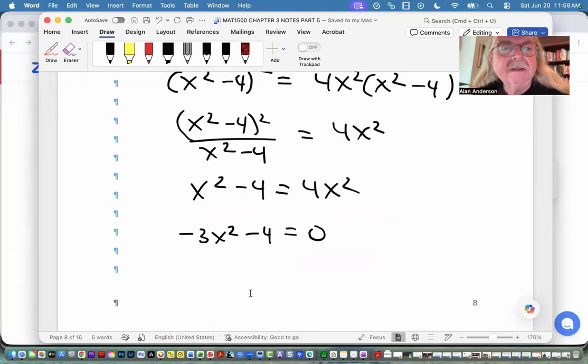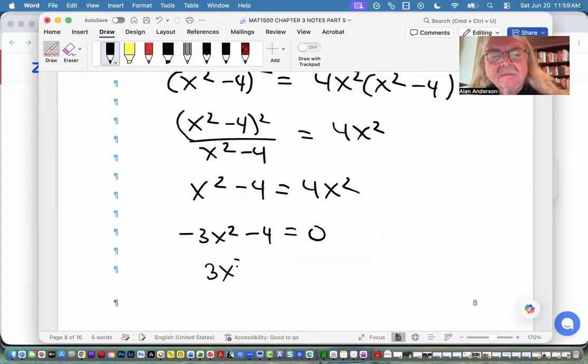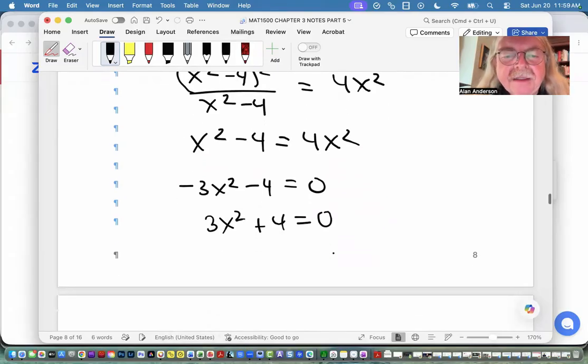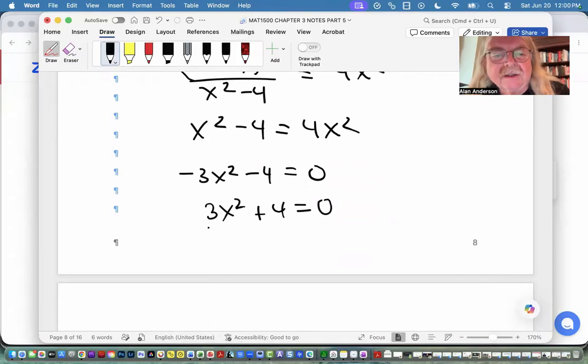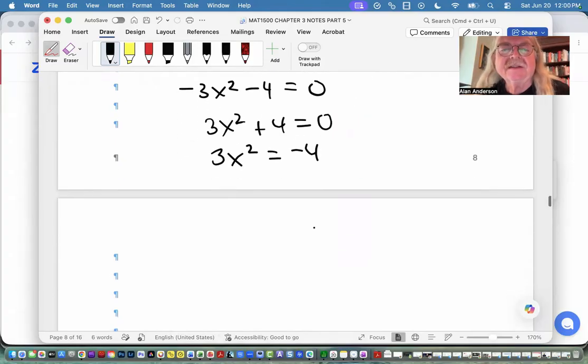Okay, so then we have, let's multiply both sides by -1. All right, now we're coming up against a very interesting result here. Yeah, you can see what's about to happen.